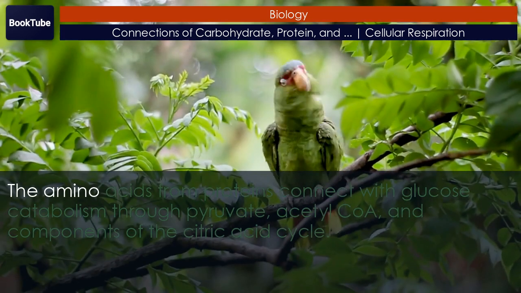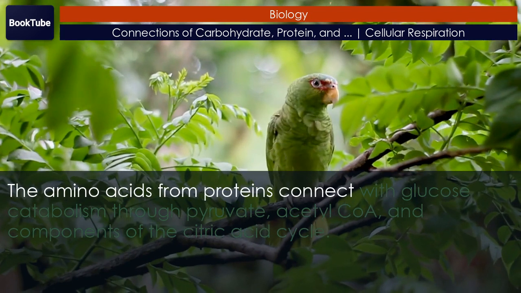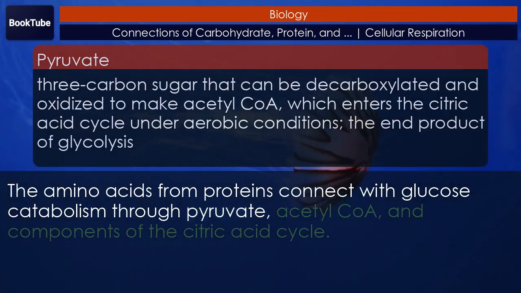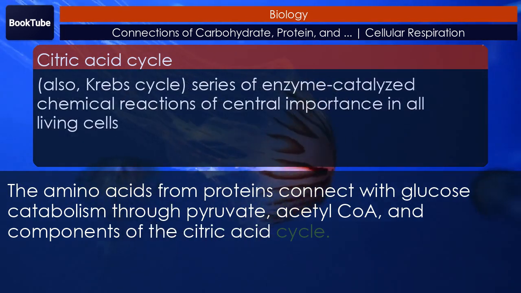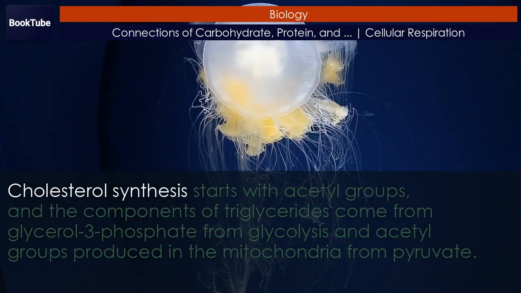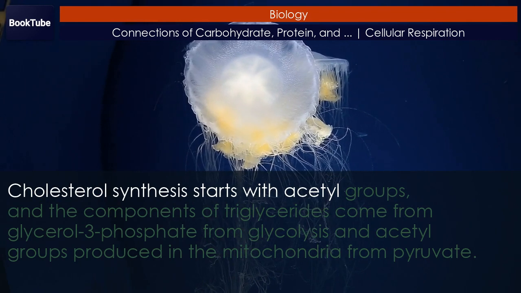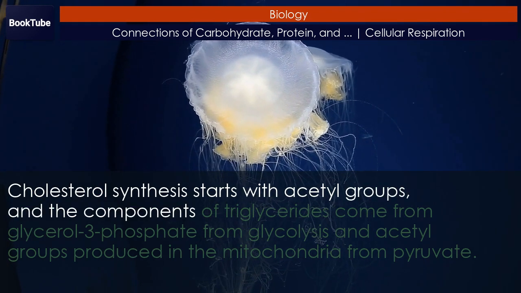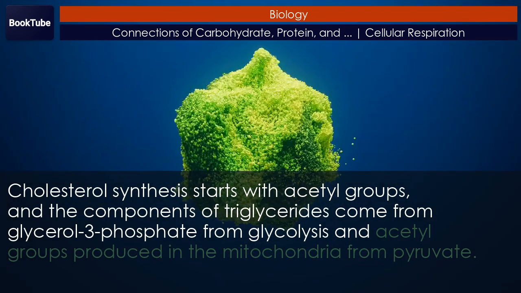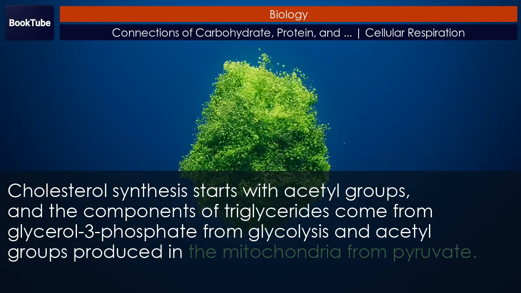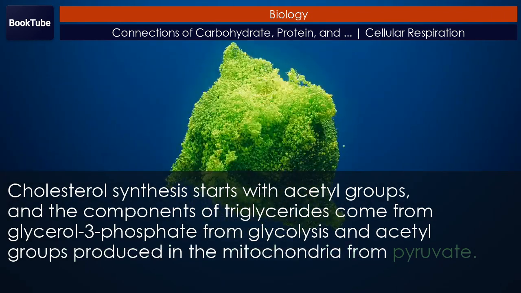The amino acids from proteins connect with glucose catabolism through pyruvate, acetyl-CoA, and components of the citric acid cycle. Cholesterol synthesis starts with acetyl groups, and the components of triglycerides come from glycerol 3-phosphate from glycolysis and acetyl groups produced in the mitochondria from pyruvate.